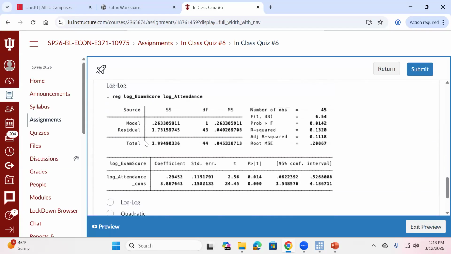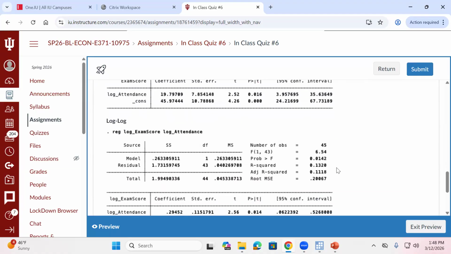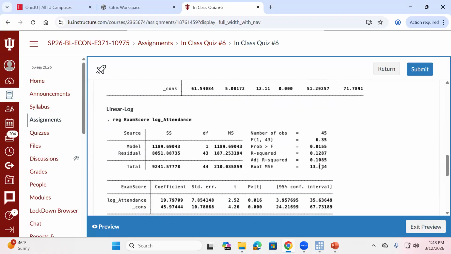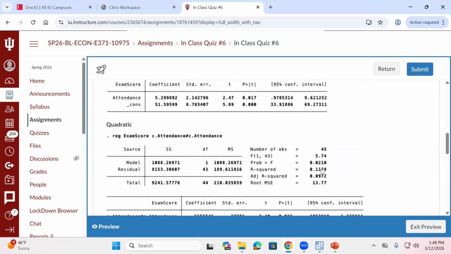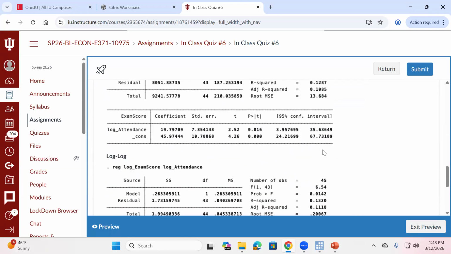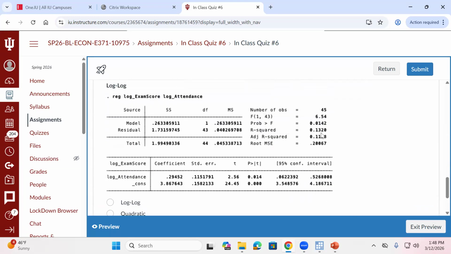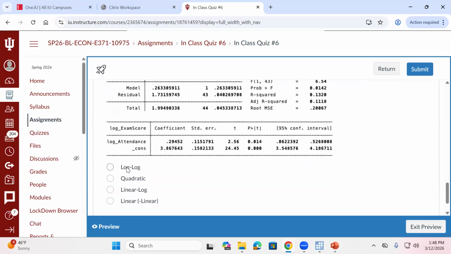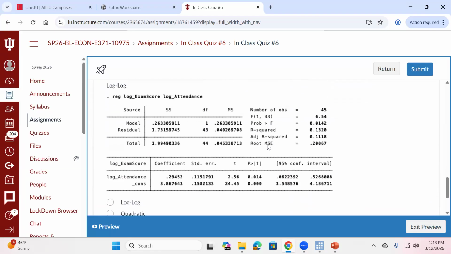I think those are the only three. Oh, no, I've got a log, 0.132. So what has my highest R squared? Looks like it was this log model. I had the highest R squared value, right? So that log model, just based off of comparing R squared, should be the one that we use.